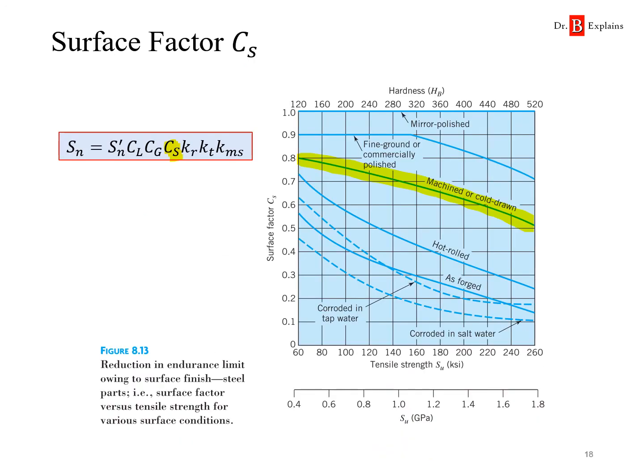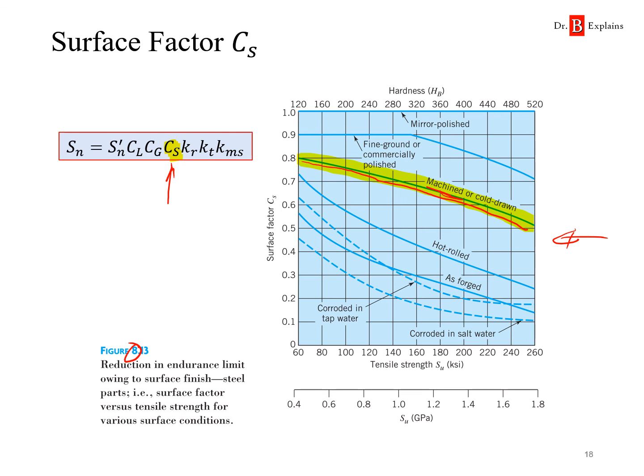Okay, so we covered most of the factors on the previous slide. Remember one of the factors was the surface factor. This is the same plot that we were using for the fatigue chapter, I believe chapter 8. Yes, chapter 8, good memory. Anyways, the gears are usually in the machined state, so you would be using this line over here.